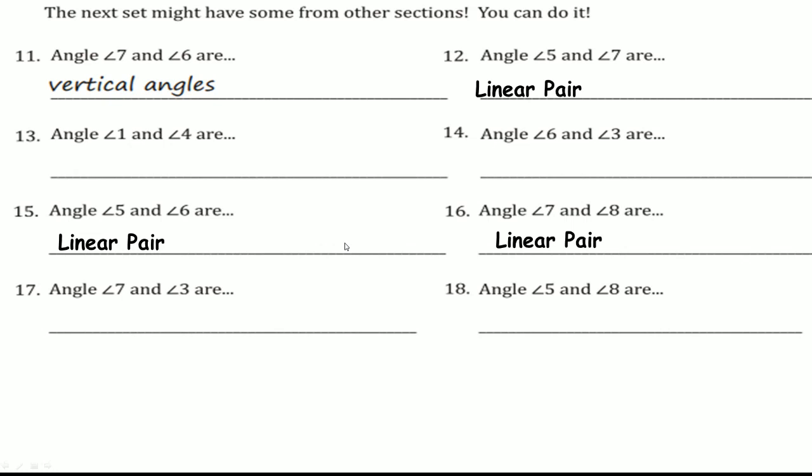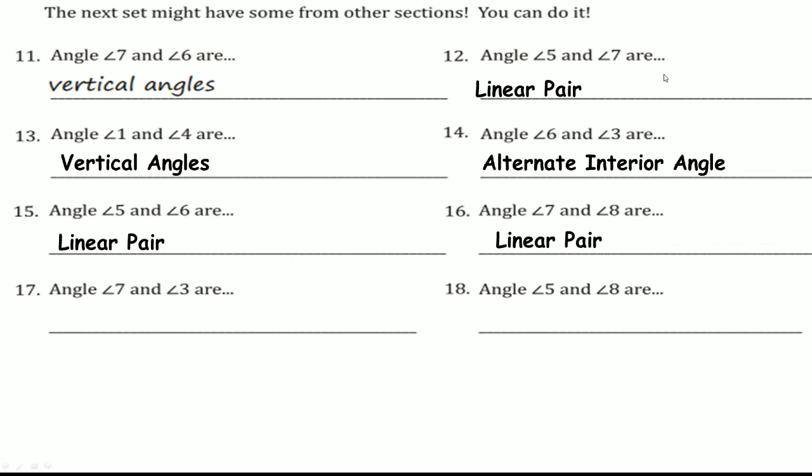Okay, 11. We just threw in some new words here. 4 and 6 are vertical angles. 5 and 7 are linear pairs because they are next to each other. 13, vertical angles. 6 and 3 are your alternate interior. Angle 5 and angle 6 are your linear pair.